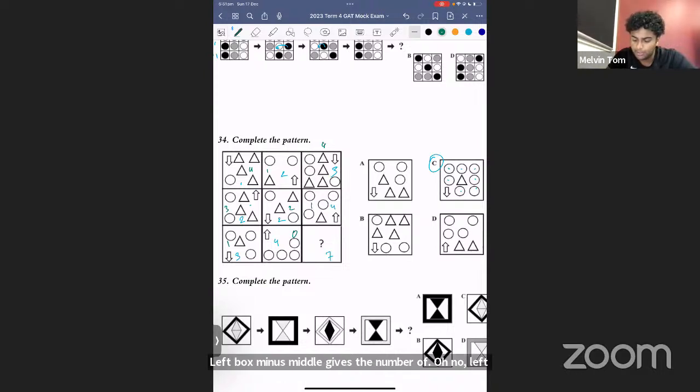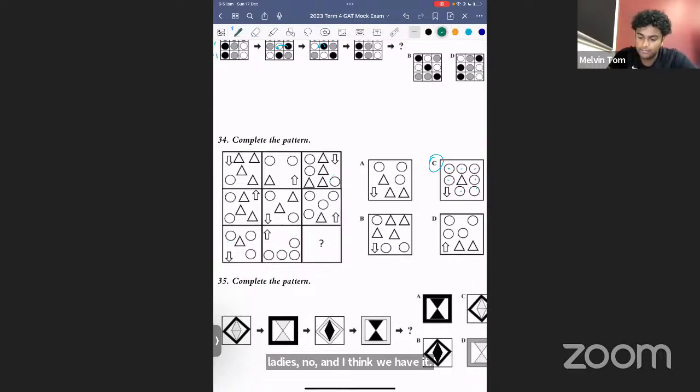No, I think the triangles is just a distraction. It doesn't make any sense. 4 and then, oh wait, this is 1, right? And then 2, 2. Oh, ladies and gentlemen, I think we have it.